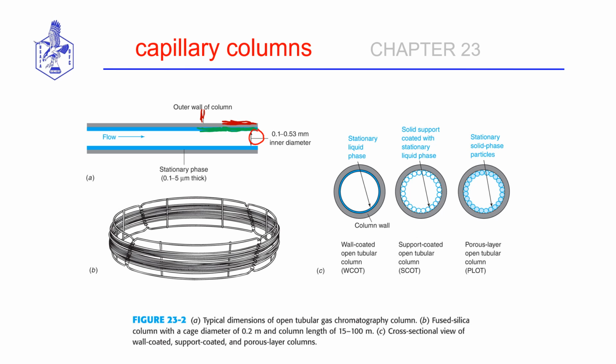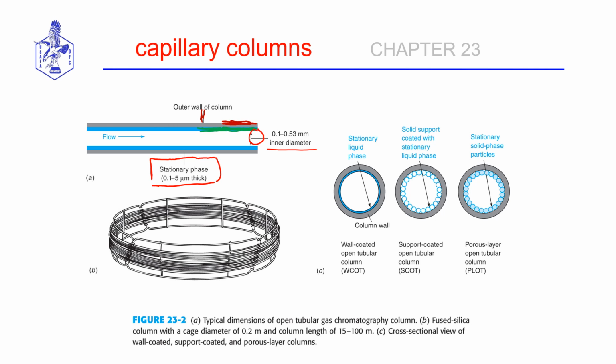We call that the inner diameter, and typically that's 0.1 to 0.53 millimeters. And the stationary phase thickness can be in the neighborhood of 0.1 to 5 microns thick. So that is the typical configuration of a capillary column.